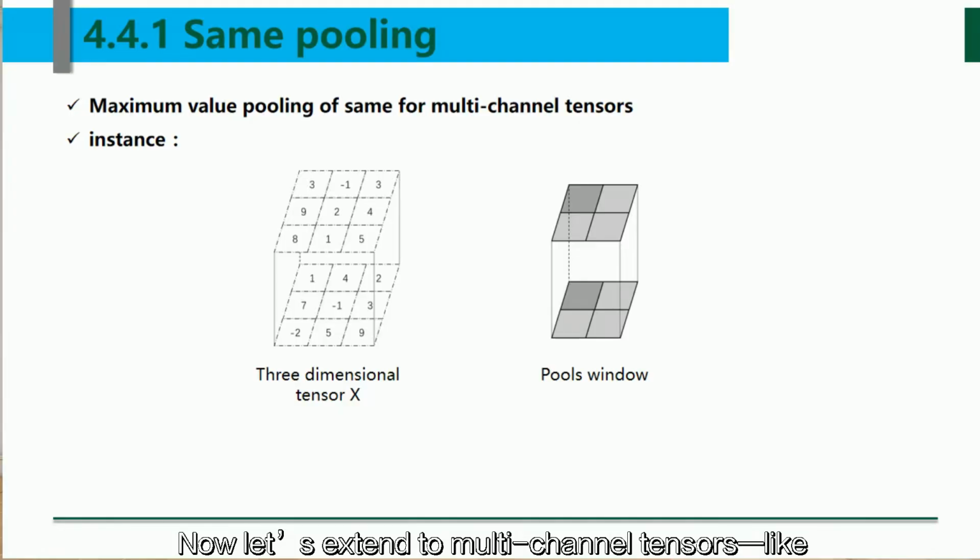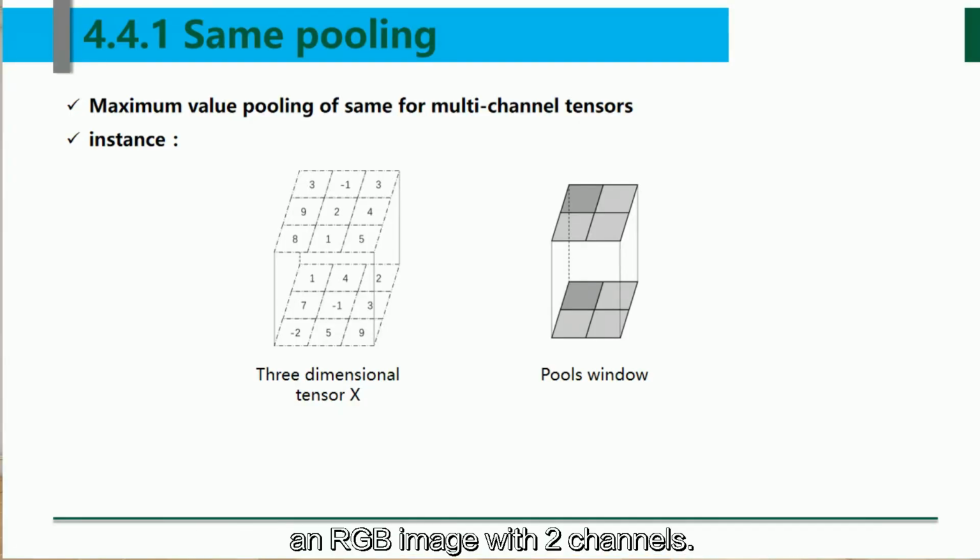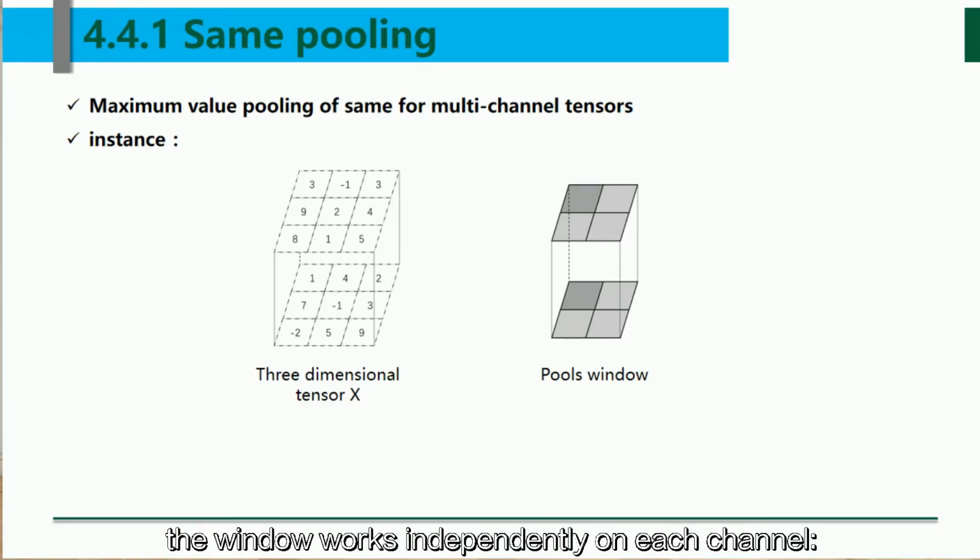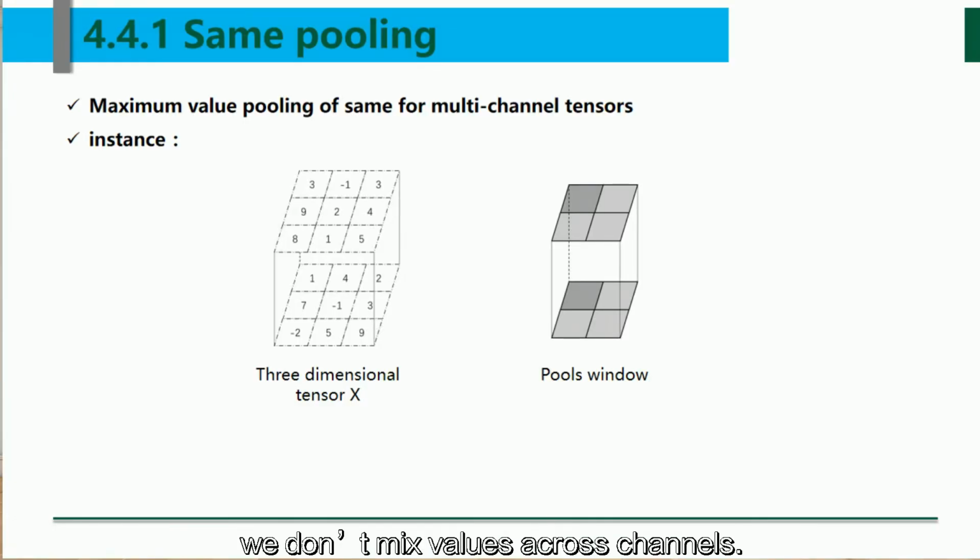Now let's extend to multi-channel tensors like an RGB image with 2 channels. For same max pooling, the window works independently on each channel. We don't mix values across channels. The slide shows a 3 multiplied by 3 multiplied by 2 tensor and a 2 multiplied by 2 window.